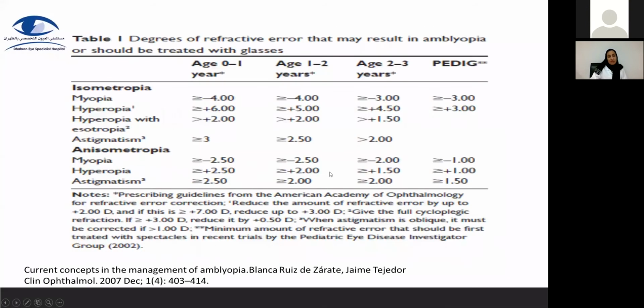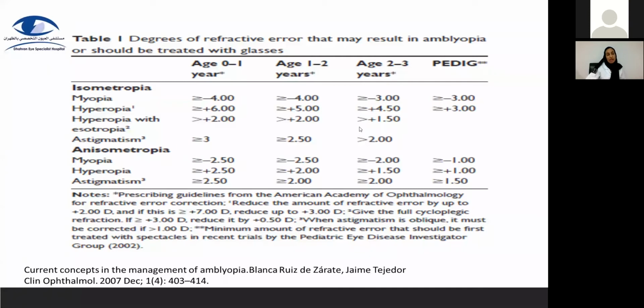Now, this is a table which I find very helpful, giving the limit until which you would not give the glasses and when you will give the glasses in cases of isoametropia and in cases of anisometropia, according to the American Academy of Ophthalmology and the Pediatric Eye Disease Investigator Group.